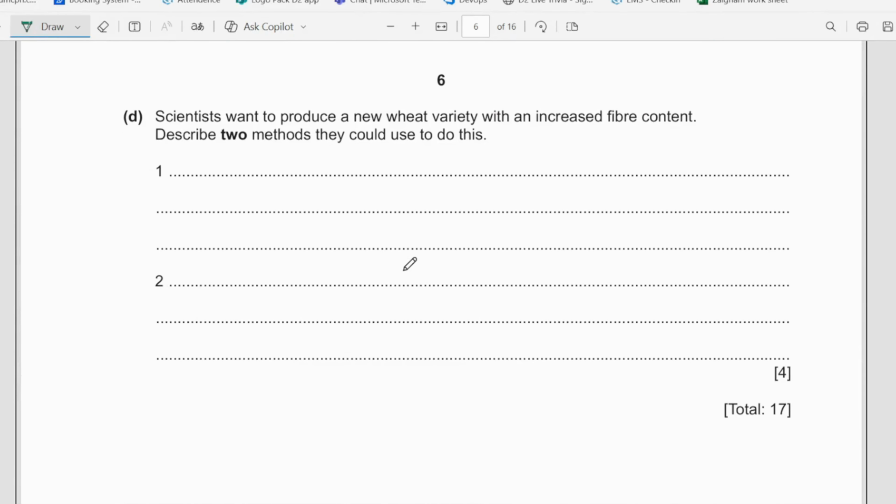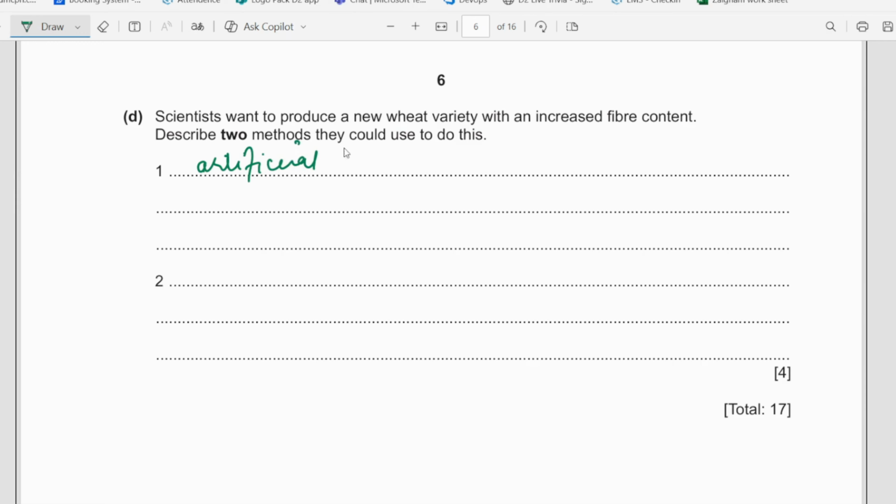Next one. Scientists want to produce a new wheat variety with an increased fiber content. Describe two ways they could use to do this. What can they do? Correct.